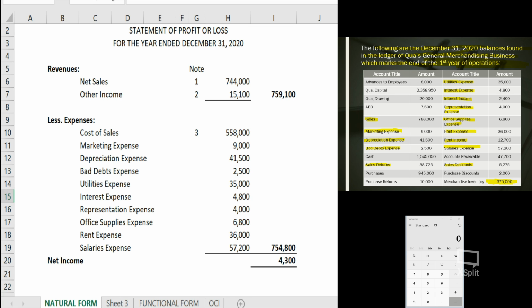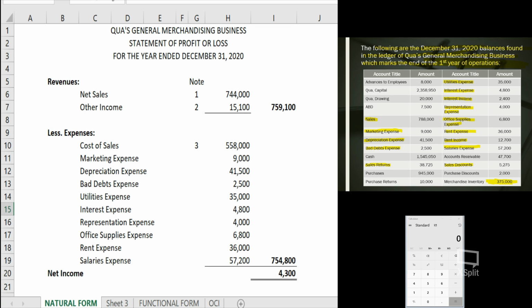Okay? So now guys, we're done with preparing the statement of profit or loss when using the nature of expense method. Now, we're going to start preparing the statement of profit or loss using the functional form.